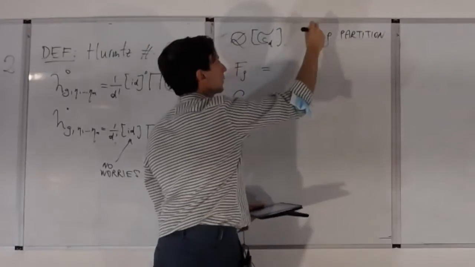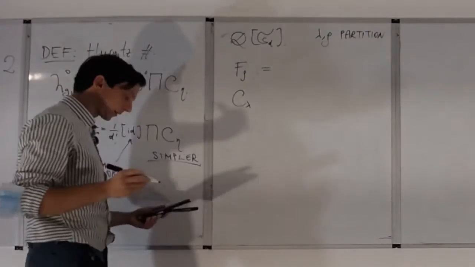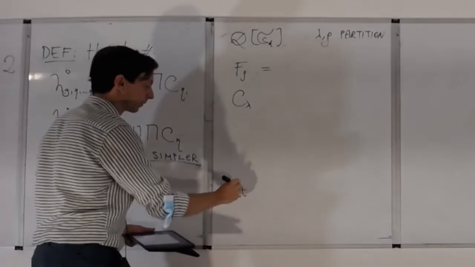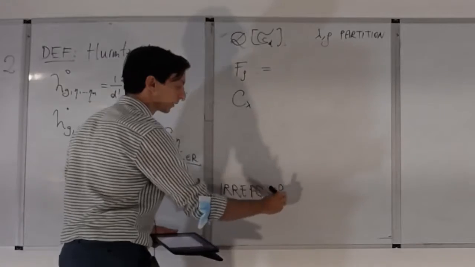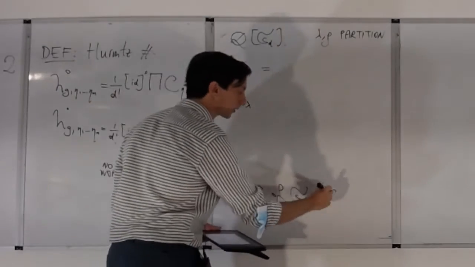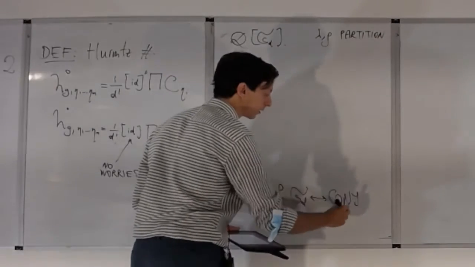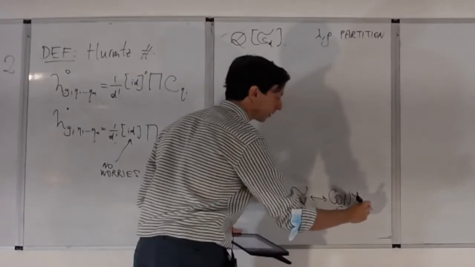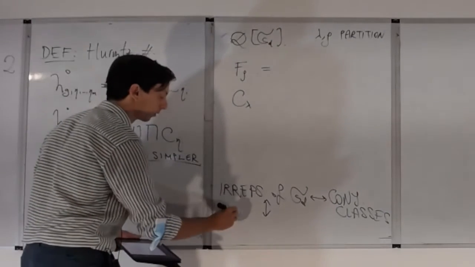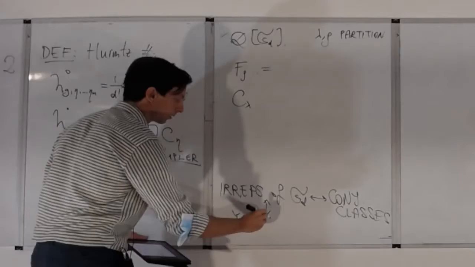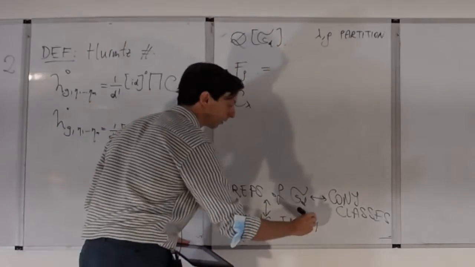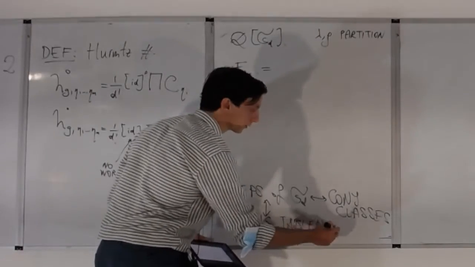Let's recall that irreducible representations of the symmetric group are in bijection with the conjugacy classes, and it's the same thing with Young tableaux.